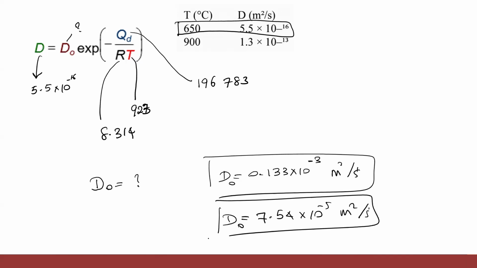Can you check? Yeah, so the answer is 7.5 times 10 to the negative 5. Got it? Are you okay with that? Exponent to the power. Do you do that? To the power.